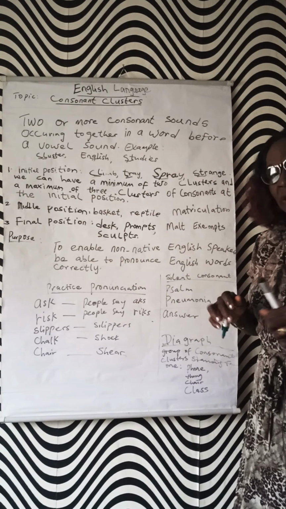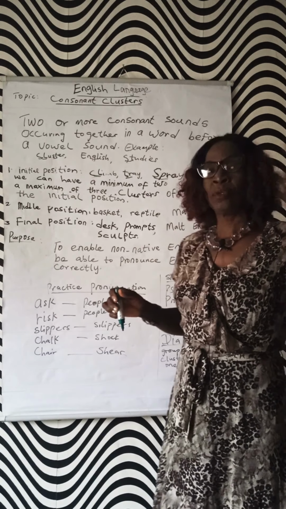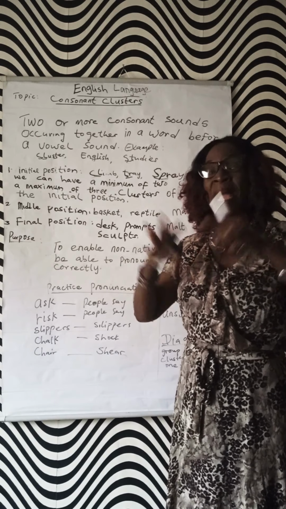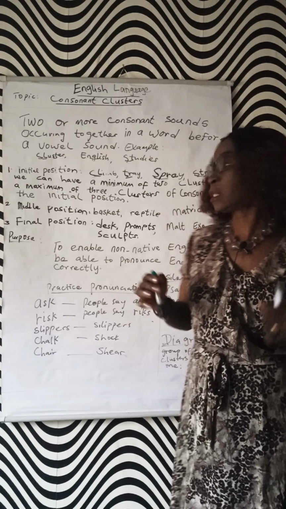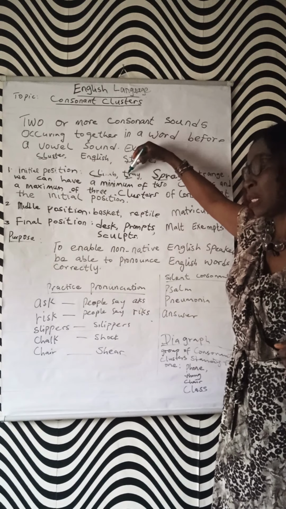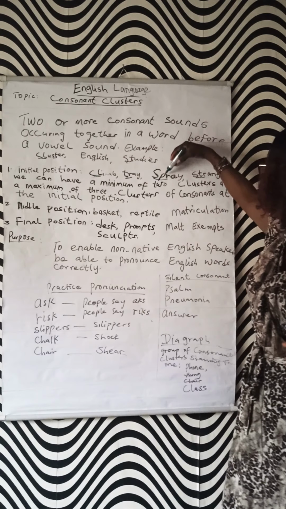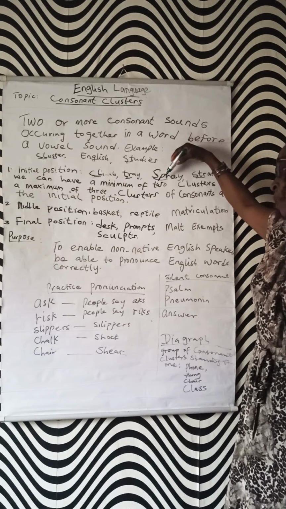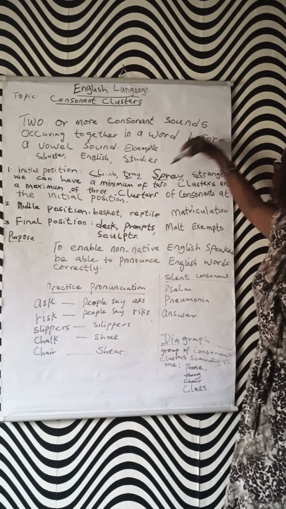Yes, at the initial position of a word, you can have a minimum of two consonants, and you can have a maximum of three consonants, just like we have here two consonants. We have here two consonants. We have here three. Look at the three of them. 1, 2, 3. They are clustering, three of them in the word.